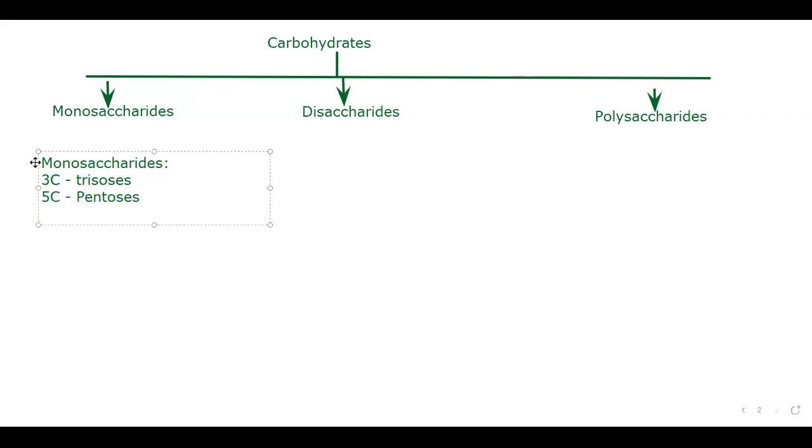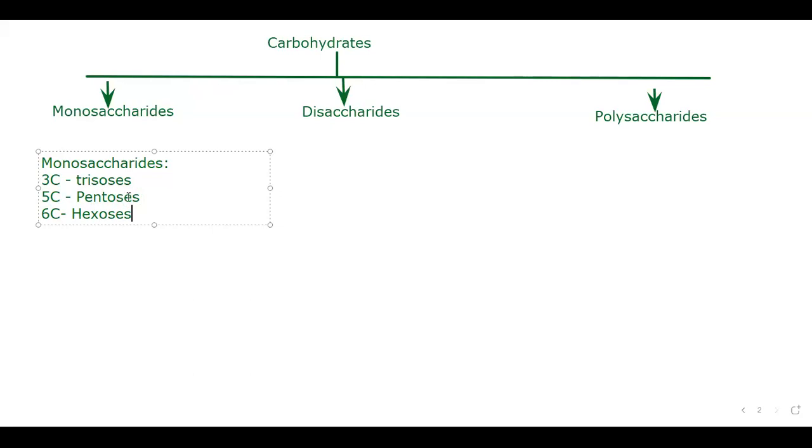If we have 6 carbon atoms, that is known as a hexose. So triose means 3 carbon atoms, pentose means 5, hexose means 6, right?